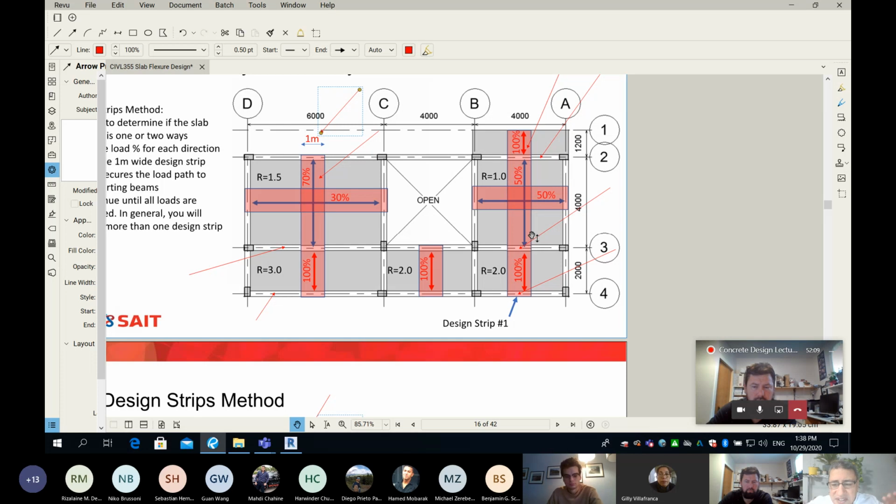That's universal agreement, by the way. But if you decide to do something like Gordon method, for example, and go for a 2-meter wide strip, guess what? All your numbers will be multiplied by 2. Your moment will be twice as big. Your area of steel will be twice as big, but you will put the area of steel in those 2-meter wide. So universally, we take only 1 meter.